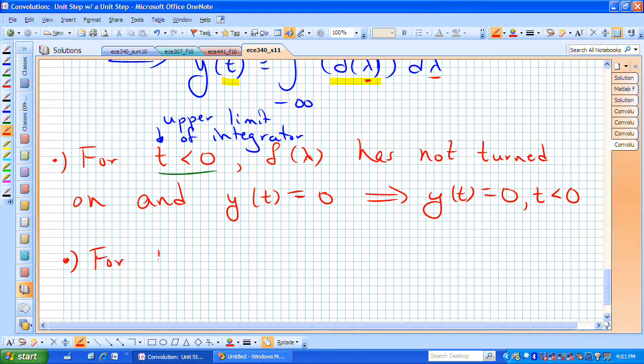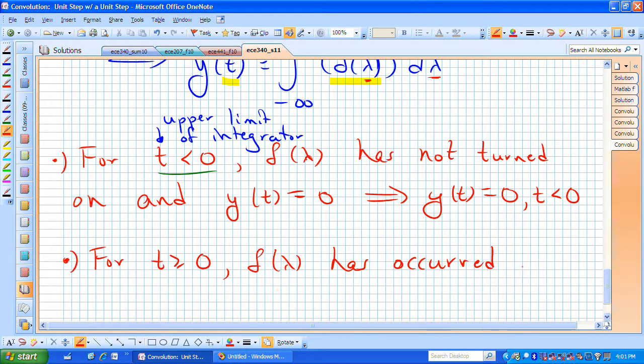If we say, well, let's look at what happens when t is non-negative. When t now is going beyond 0 plus, then delta of lambda has actually turned on or occurred.